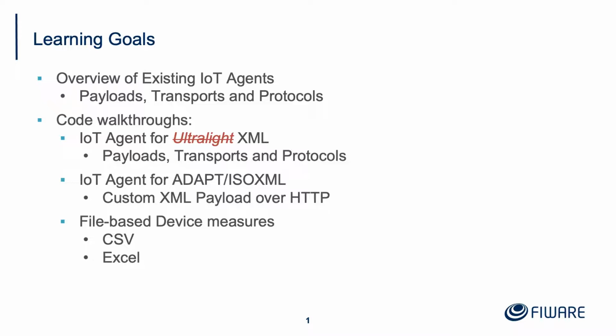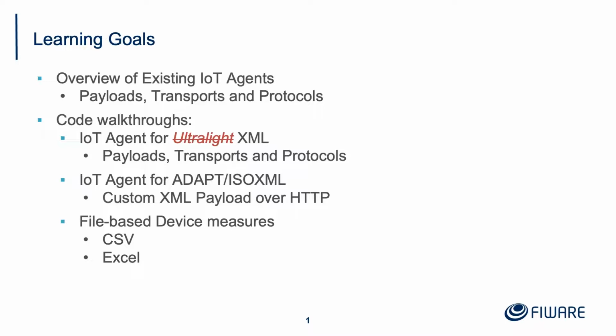In this case, we're just going to change the payload from Ultralight, which is a text-based pipe delimited syntax, into something like XML, which again is well formatted. You know what the rules are. You can tell whether this is real XML or not.